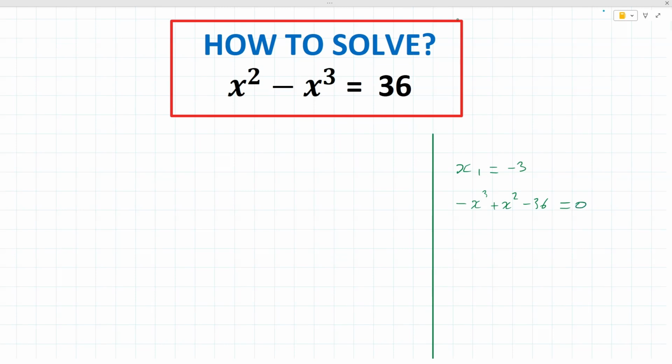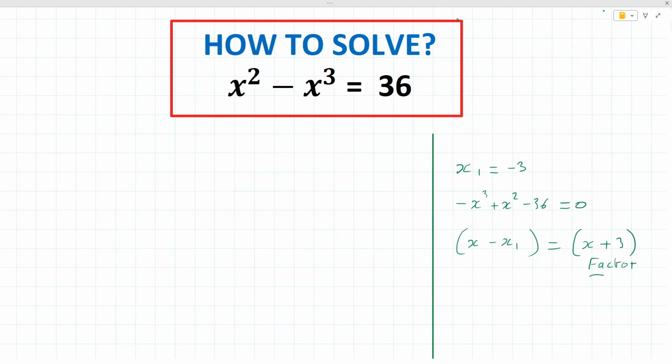The long division should be with the factor x minus x1, and the solution being negative 3, we can divide this equation by x plus 3, which is a factor of the equation.